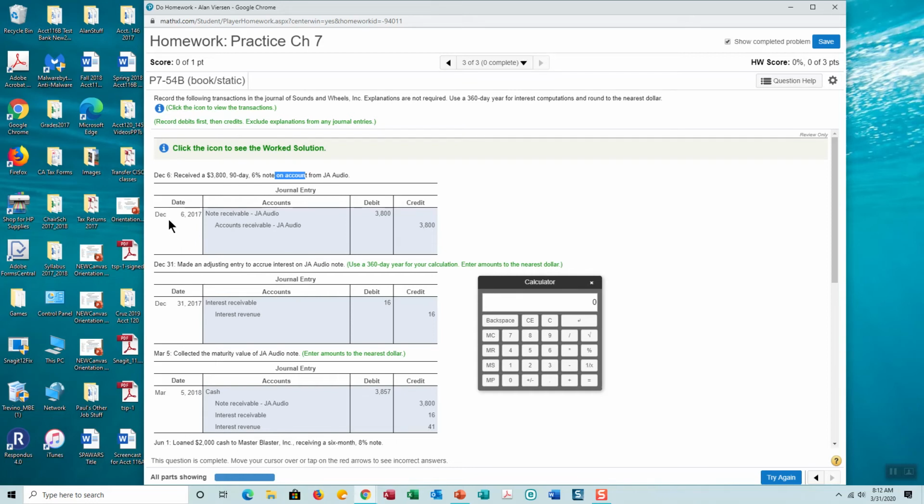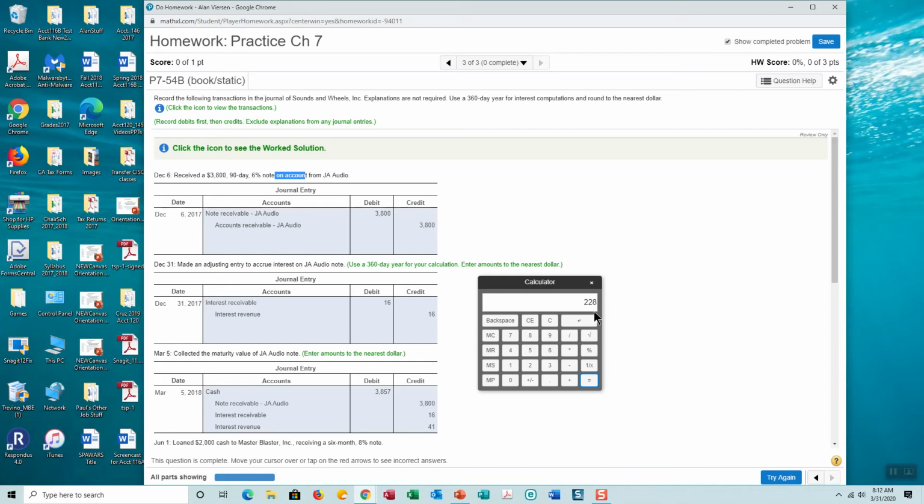Now the next thing is the adjusting journal entry, which is for 25 days. If you notice, from December 6th to December 31st, that's 25 days. You take the principal, $3,800, multiply it by the interest rate, and this is a 6% note, so 0.06.